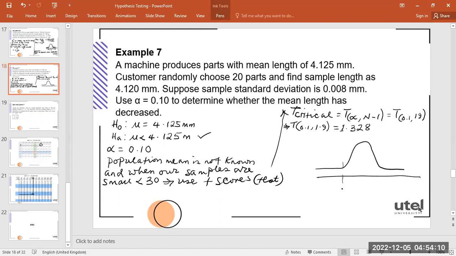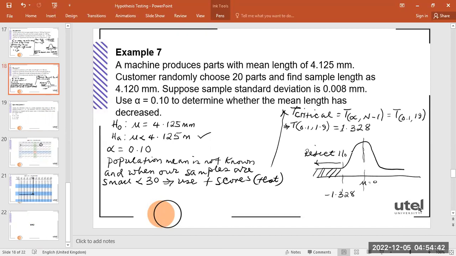So in other words, I'm going to have minus 1.328. And of course, you can see that our mu is actually equals to 0. So it then means that any value here to the left of this guy, we reject the null hypothesis.